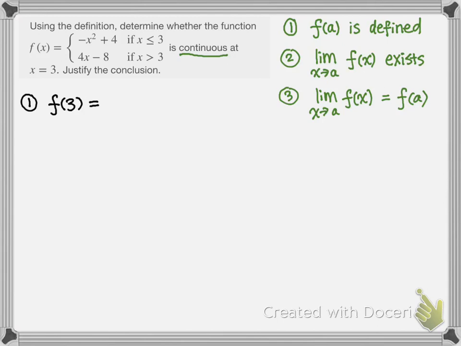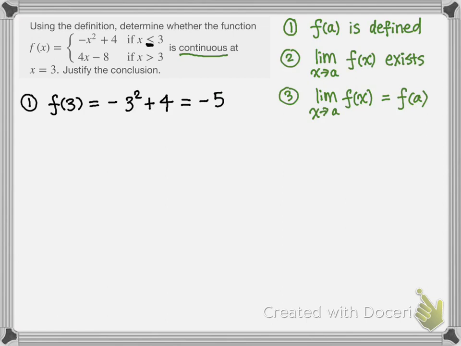So we take the expression negative x squared plus 4. So x equals 3 is defined, because 3 is allowed as an input. And we might as well evaluate it: negative 9 plus 4, negative 5.